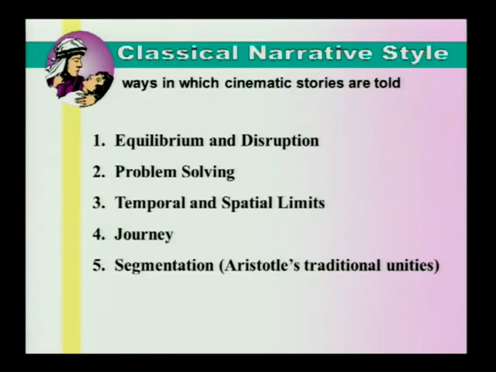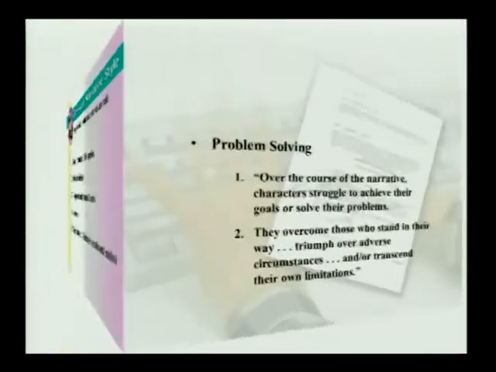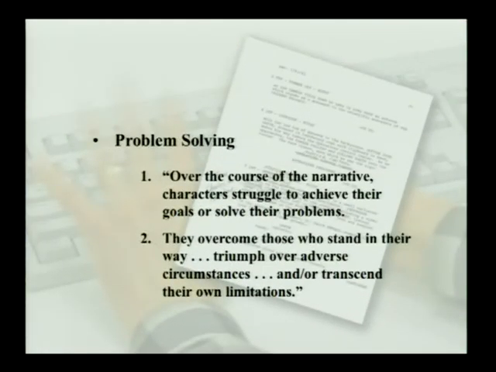The second method by which cinematic stories are told is problem solving. Now, in problem solving, over the course of the narrative, characters struggle to achieve their goals or solve their problems. Obviously, something has happened to disrupt the equilibrium, so the hero must solve the problem.